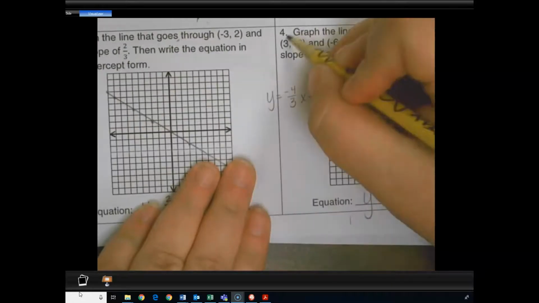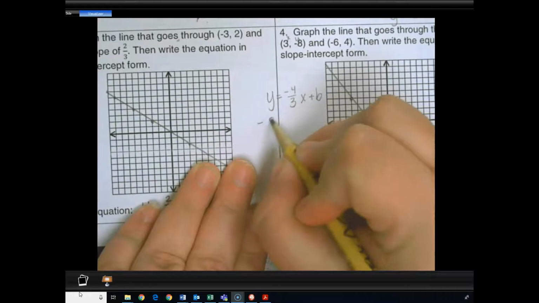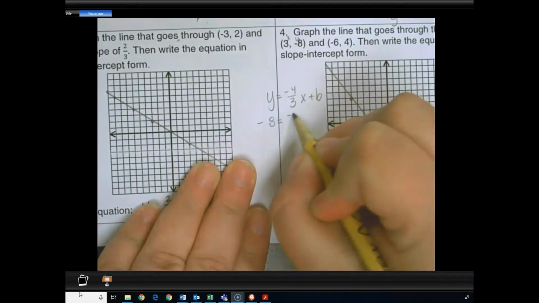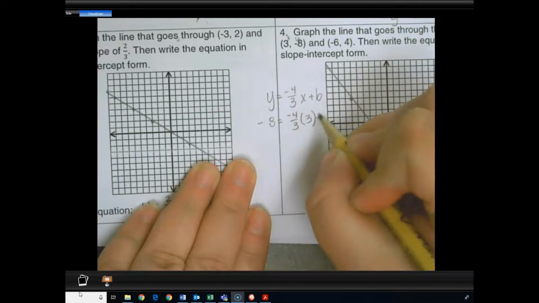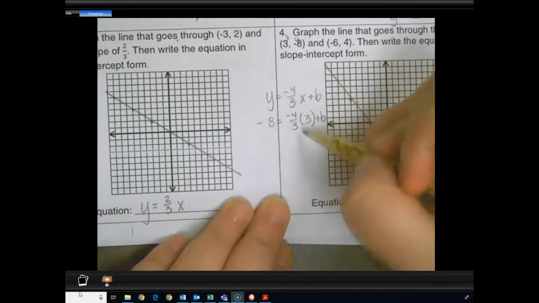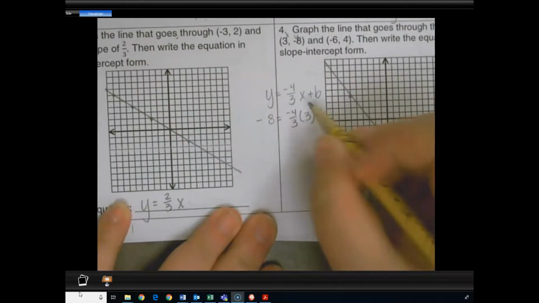This is an x value and this is a y value. So all I've done is plug the x and y into the part of the equation I know about, and I can solve from there.